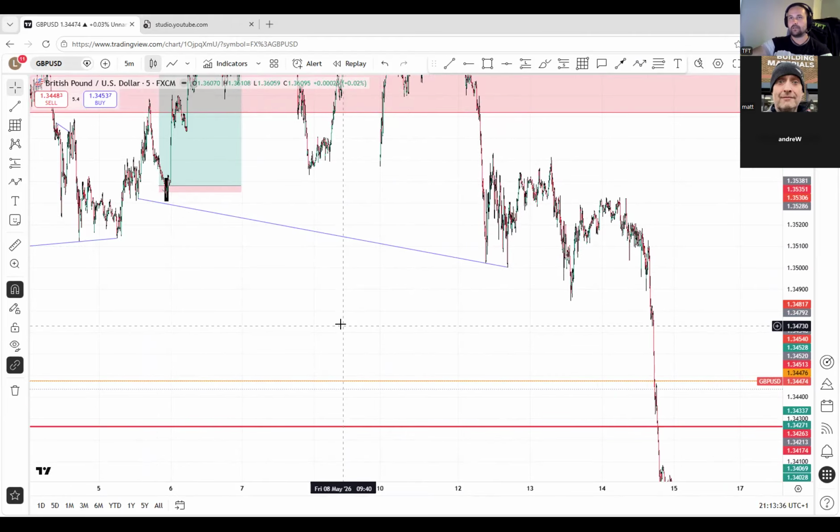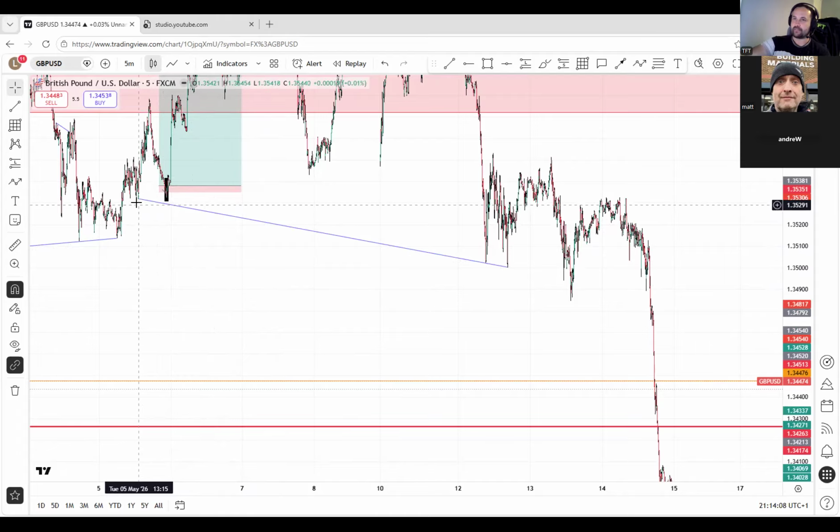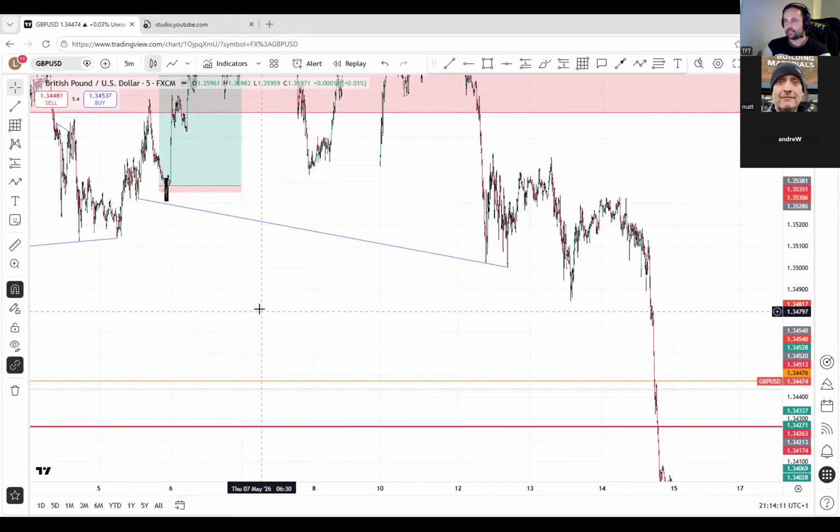If you're only taking A plus setups, then even if you lose, you're not bothered because you just go, well, sometimes we lose. But if you're taking losses where you're going, oh, I was unsure about that anyway, then it can start to spiral, and you go, does this even work? So if we can reduce as much guesswork and ifs and buts and put the possibilities and probabilities in our favor, then you do end up with perfect trend lines and perfect equal highs and lows and really good quality imbalances.